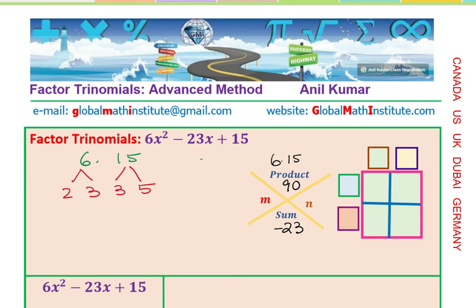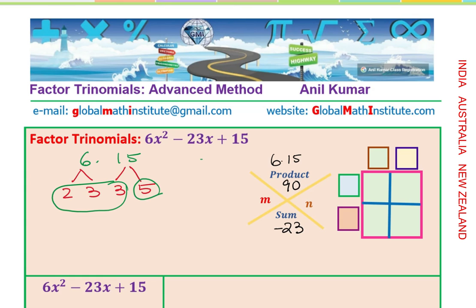Now we know we have to only work with 2, 3, 3, and 5, and that gives you the answer. If I combine 2, 3, 3, 9, and then 5 gives me 23, both negative, correct? And therefore, we get the value of m as negative 18 and the value of n as negative 5.